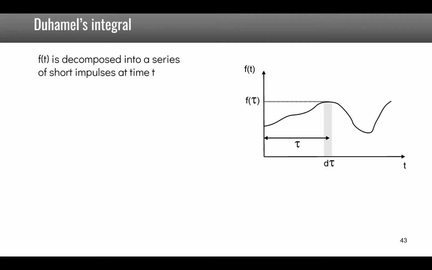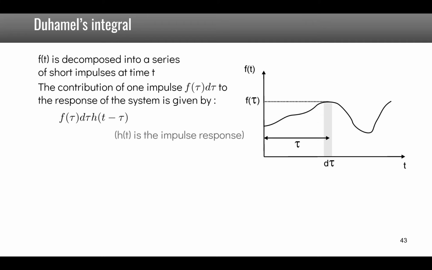In this case, f of t can be decomposed into a series of short impulses. And the contribution of each impulse, as shown by the gray box here, to the response of the system is given by f at time tau, times delta tau, times the impulse response that is shifted by a value of tau in time in order to correspond to this point in time.